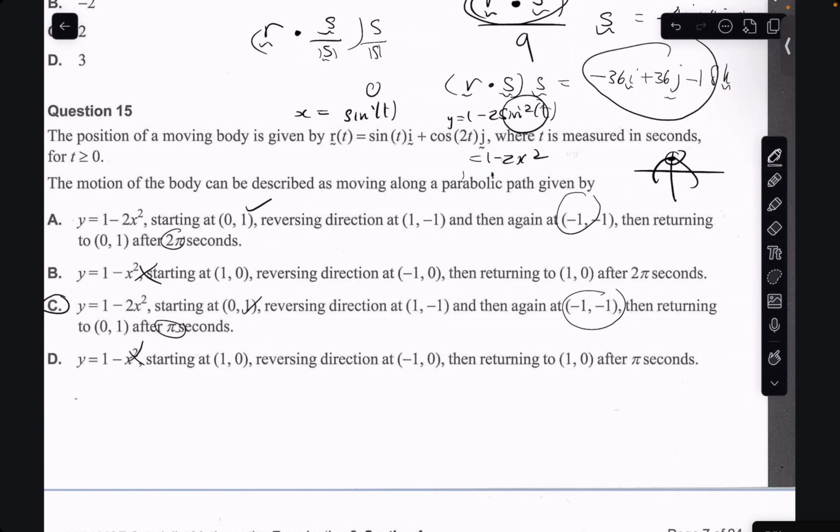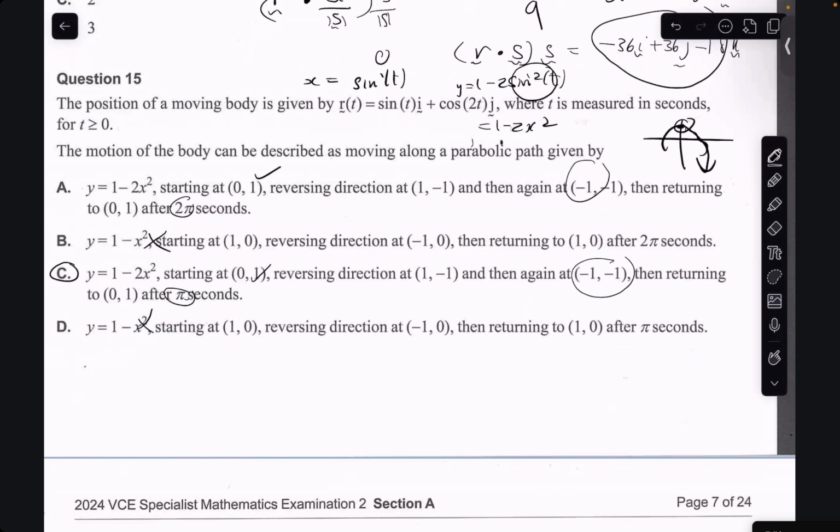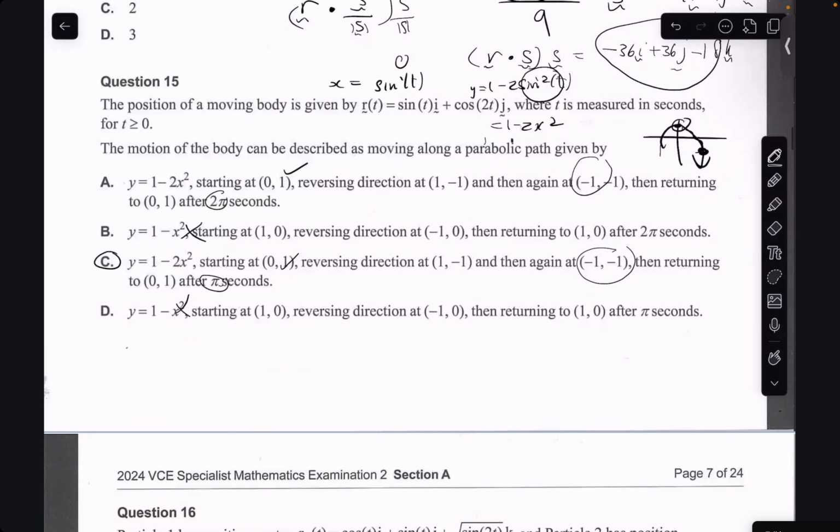So it starts here and it just goes that way, right? What's 1, negative 1? That's over here. I think it's just C, because it will return to 0, 1 after pi seconds, because the period of this is pi.